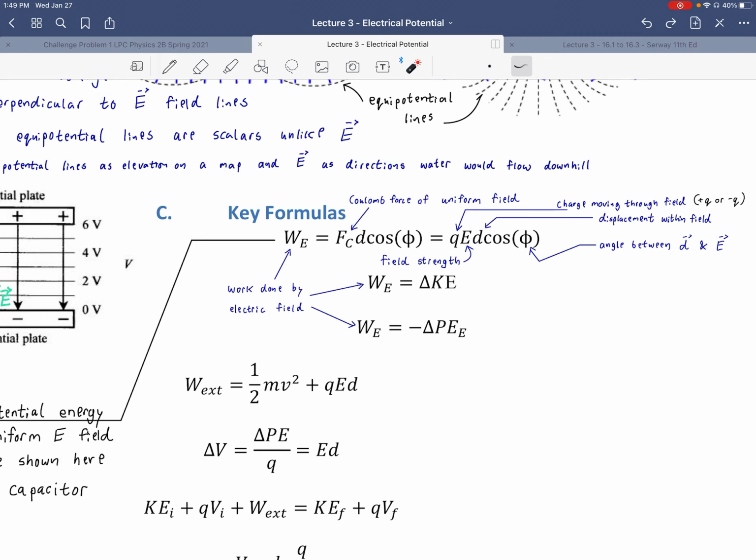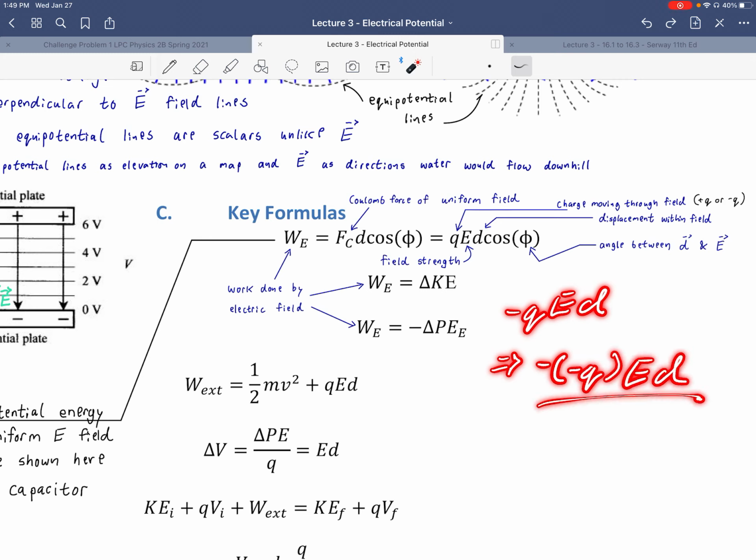Okay? And then let me call attention to the important difference that we would never have seen with gravity: since Q can be either positive or negative, that means that negative QEd can become positive QEd if the charge moving is negative like an electron, because the negatives would cancel out.